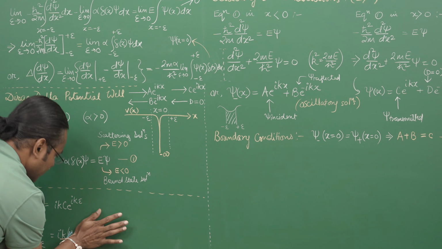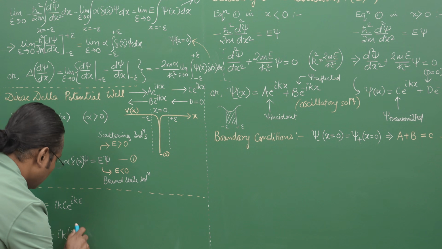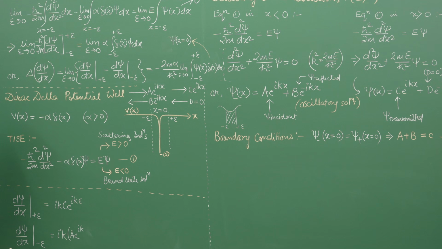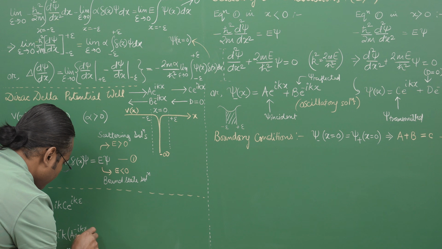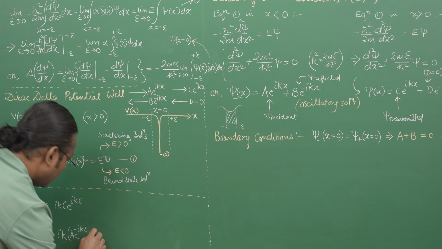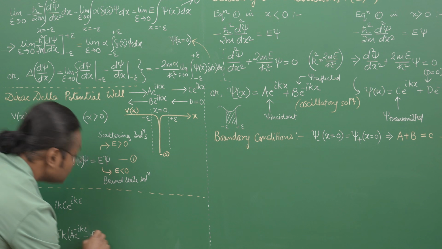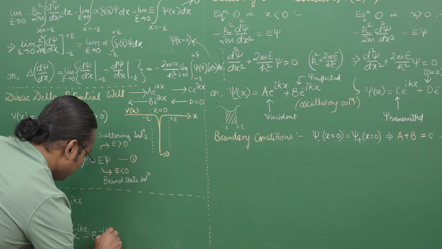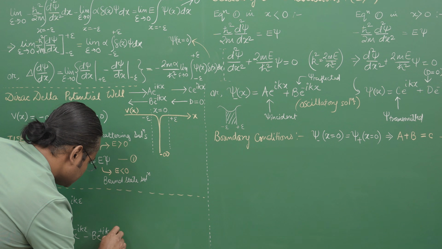I should write this as a e to the power iota k, x is equal to minus epsilon, and minus b e to the power minus iota k, but x is equal to minus epsilon, so plus epsilon.